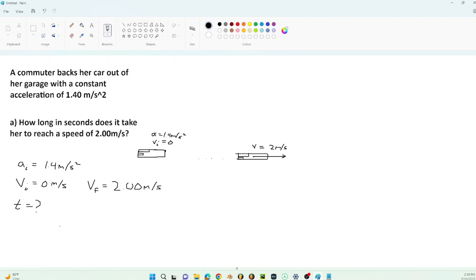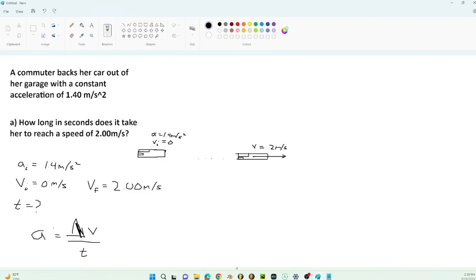So, what is acceleration? Acceleration, at least constant acceleration, is going to be equal to a change in velocity or speed, whatever you want. We'll go with velocity over some period of time. This is the formula for average acceleration.